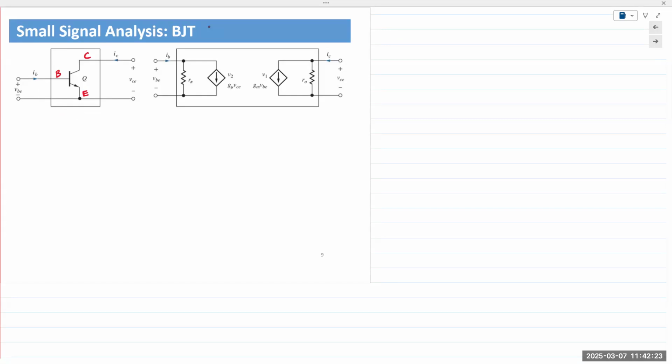If you take the BJT and put it inside a box with 2 terminals coming out and 2 terminals going in, we can use a 2-port model to approximately illustrate the functioning of the BJT. Inside the box, we can represent this as a current source on the input side and a current source on the output side.